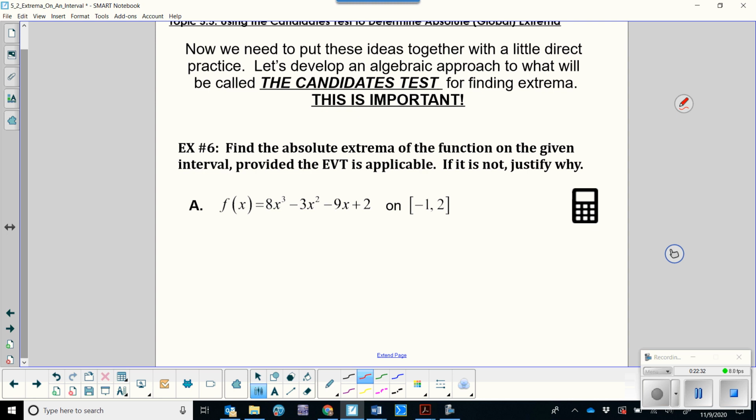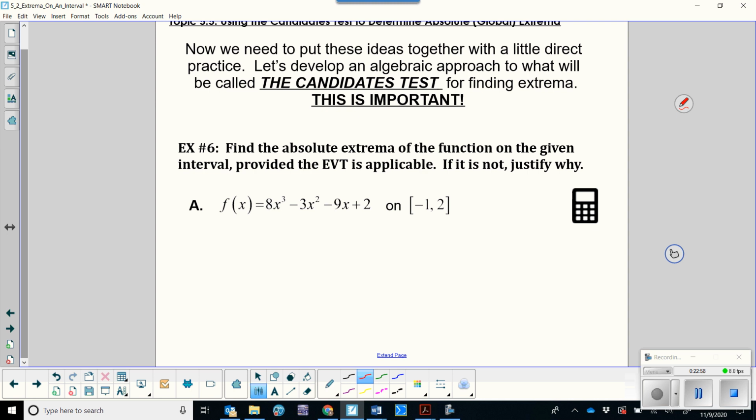Now, here's some importance. This is asking for absolute max or mins. So actually, we're not going to do the candidates test because this is asking for absolute max or mins. If we're asking for absolute max or mins, we just read a theorem. The theorem says they can only occur at an endpoint or a critical point.